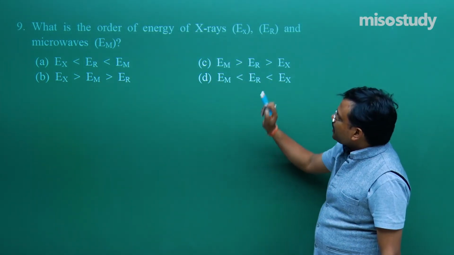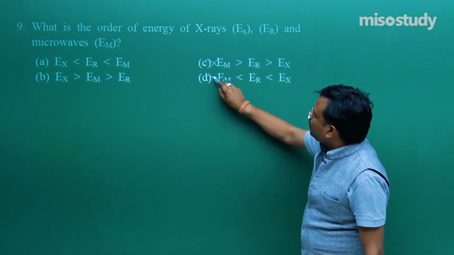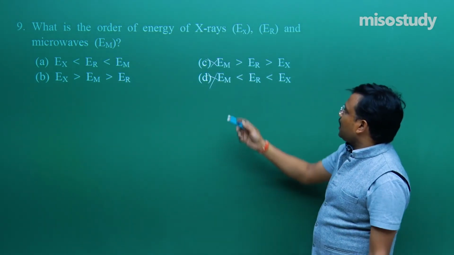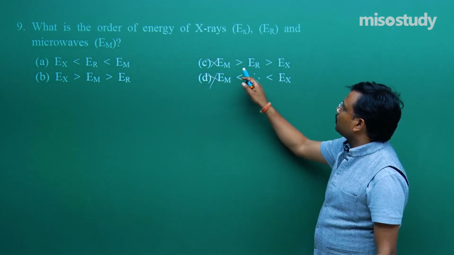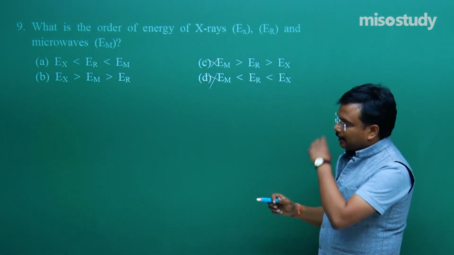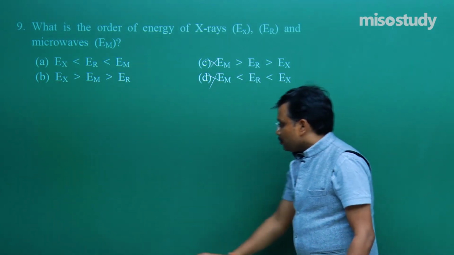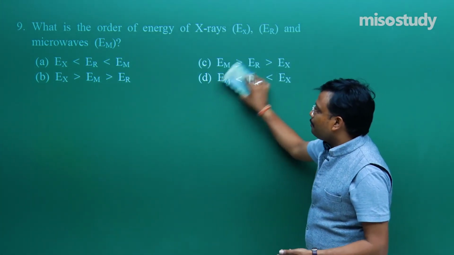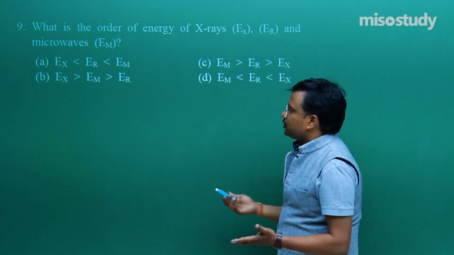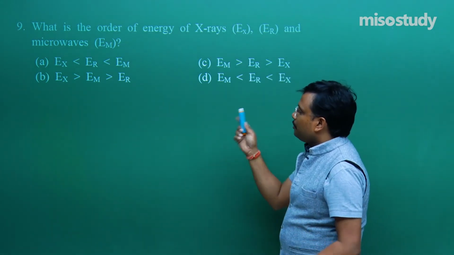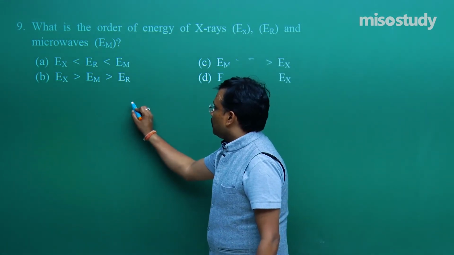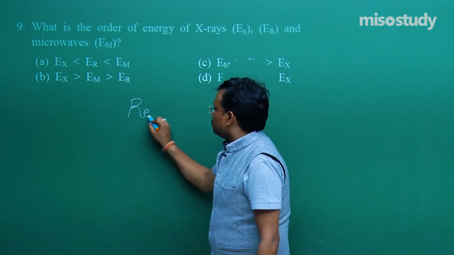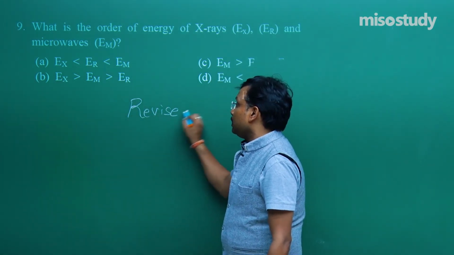Okay, it means C and D anyway are not possible. What are they saying? They are saying EM is more than ER and so on. What about the radio waves? Then what about the microwaves? So my suggestion is, the correct option is not a problem, but my suggestion is revise, and this is going to be very useful in totality.